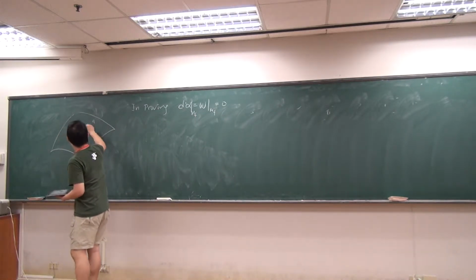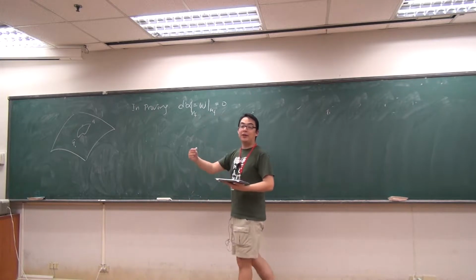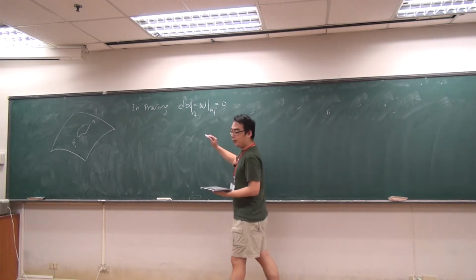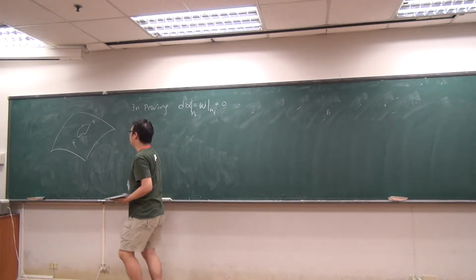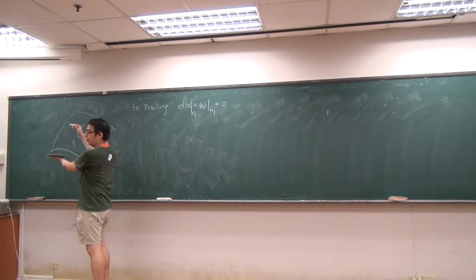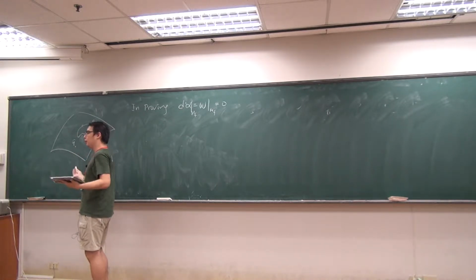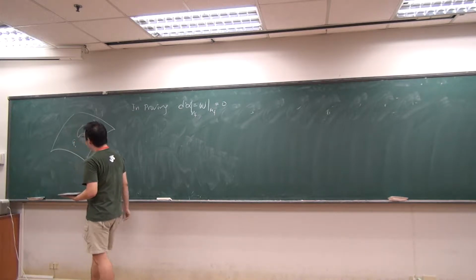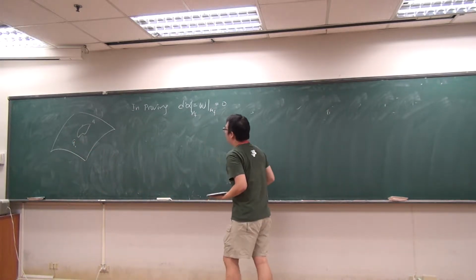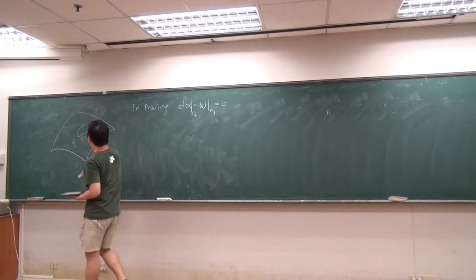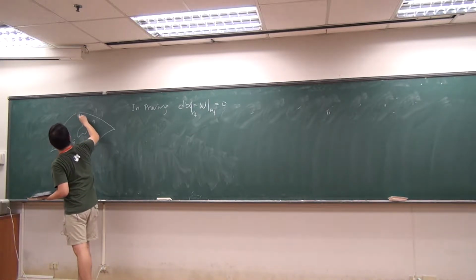So they are actually deforming continuously. So that's why you can do that. You can just shrink the contour integration to a point, no problem. Contour vanishes.